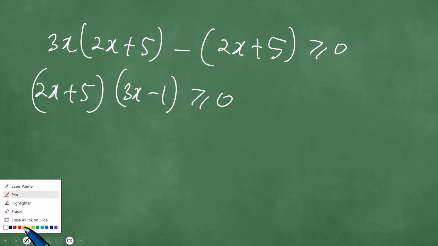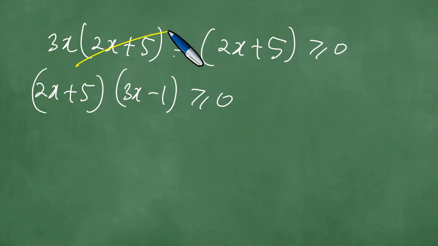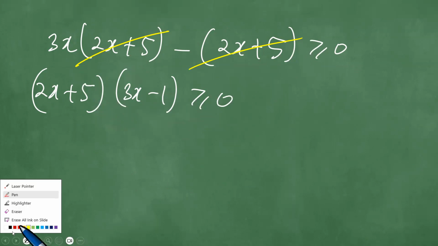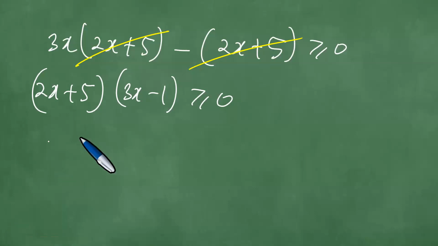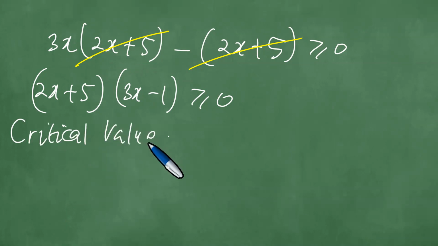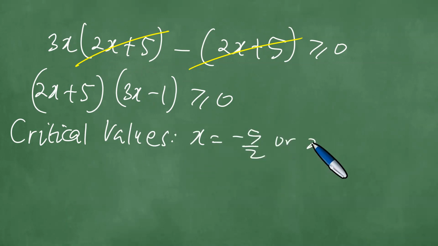Now some students have a challenge factorizing this, but when you take out the highest common factor, you cross this out, and you'd have 3x minus 1. Right, and when you get to this point, you look for the critical values. So x equals minus 5 over 2 or x equals 1 over 3.